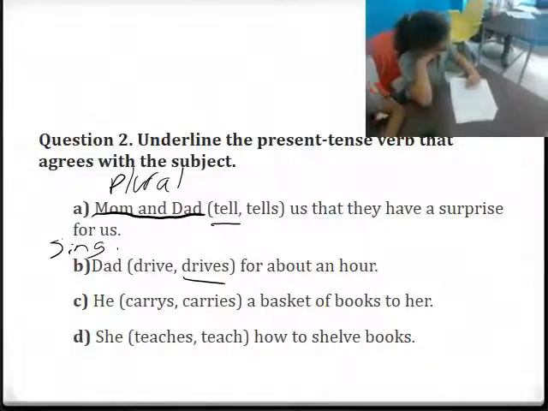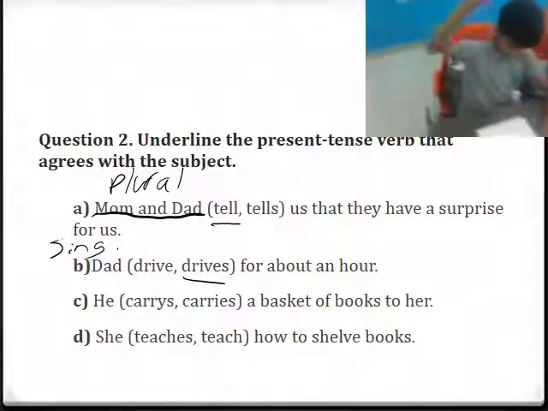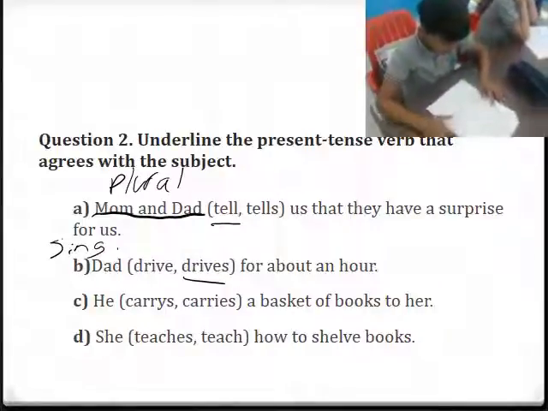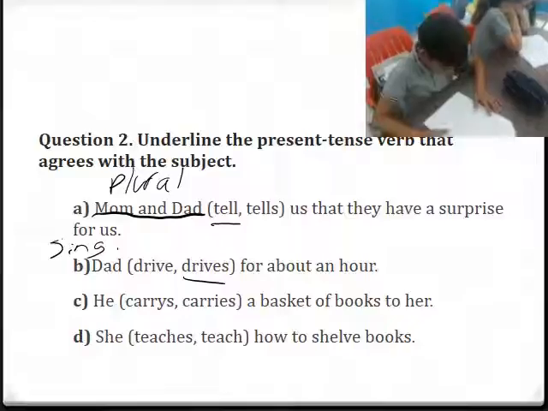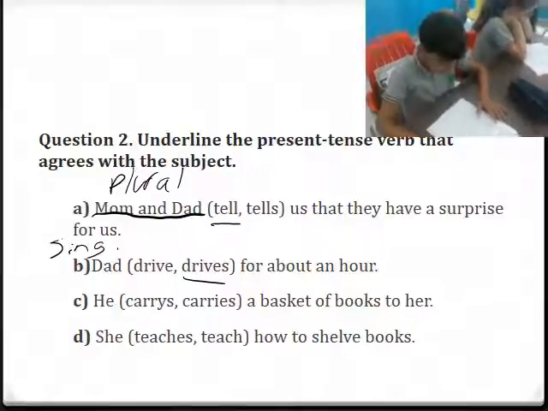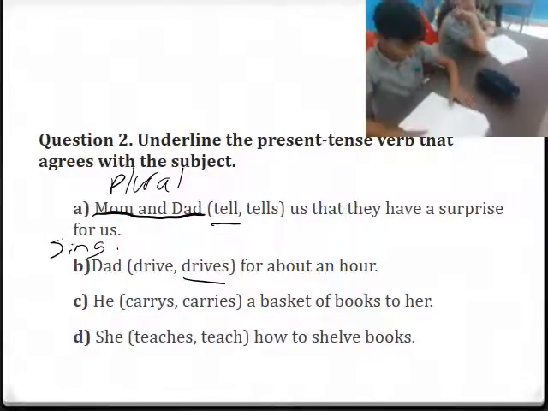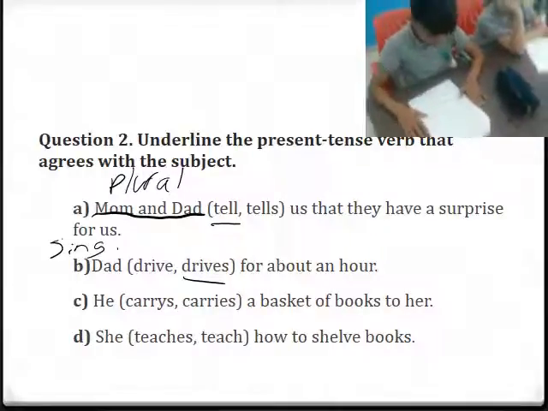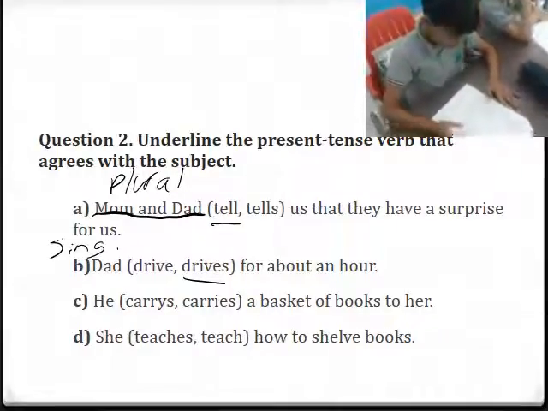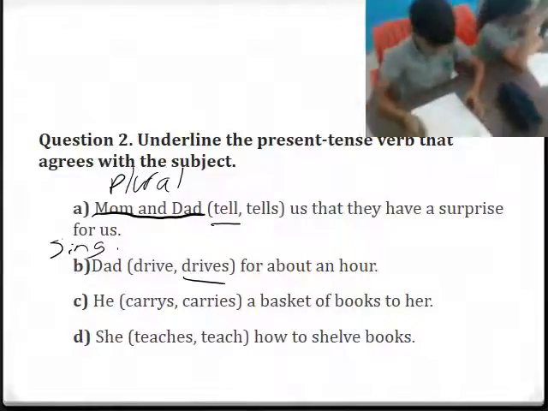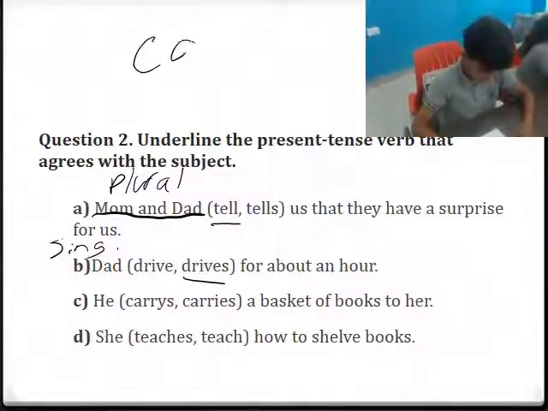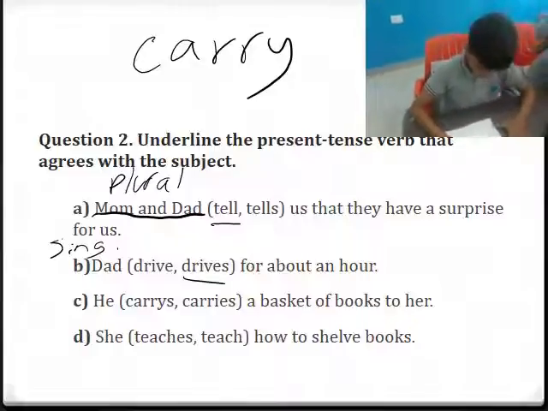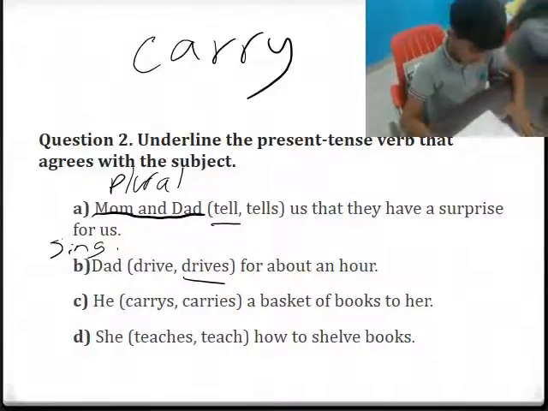Next one, Ismail. He carries a basket of books to her. Okay, he is a singular subject, so we have to add S. Now, the word is originally carry, and because he is a singular subject, we must add S or ES.